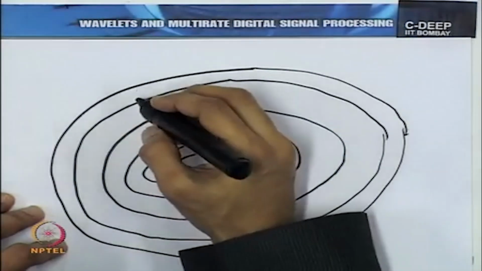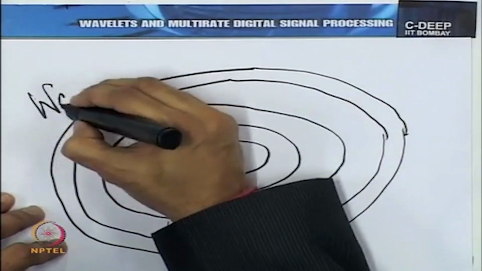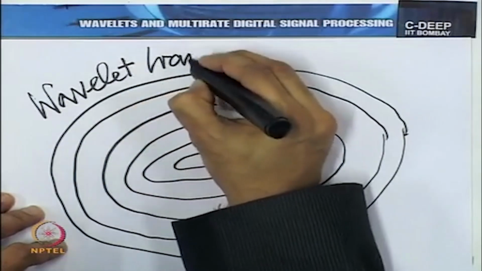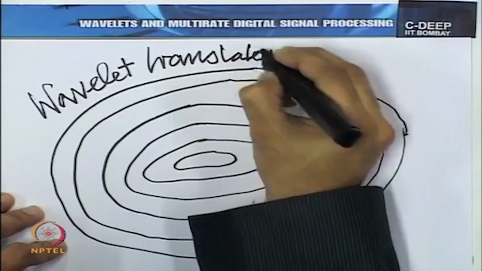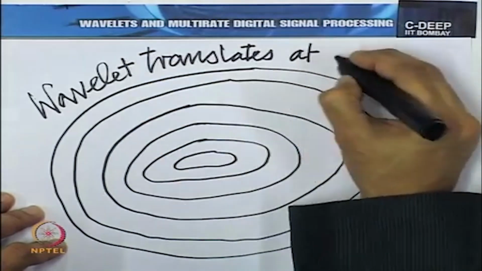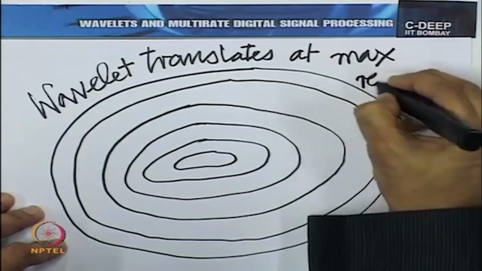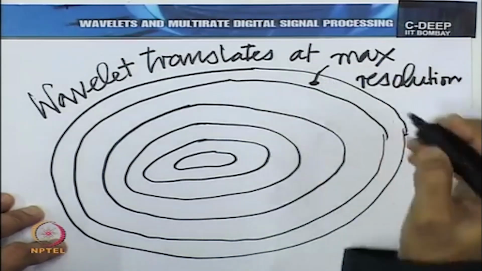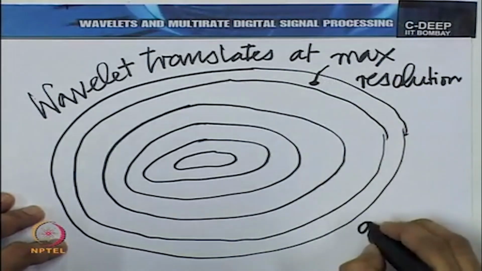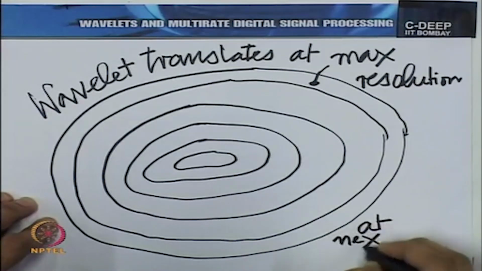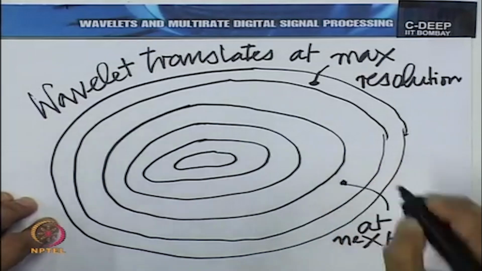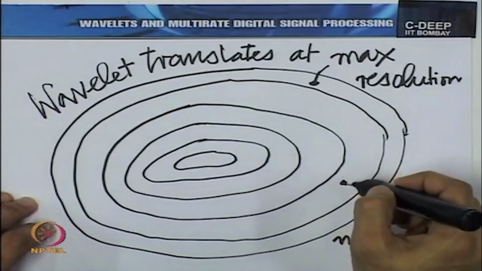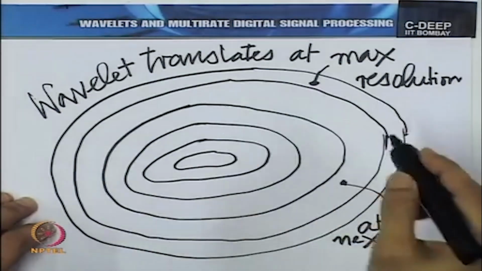So, the wavelet at the highest resolution, at max resolution, would essentially take out this shell. At the next resolution, it would take out this shell, and so on. So, when you reduce the resolution, what you are doing is peeling off shell by shell.